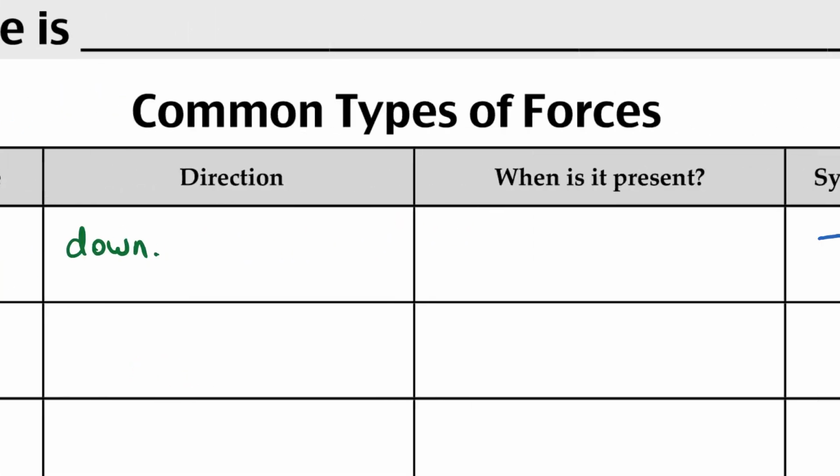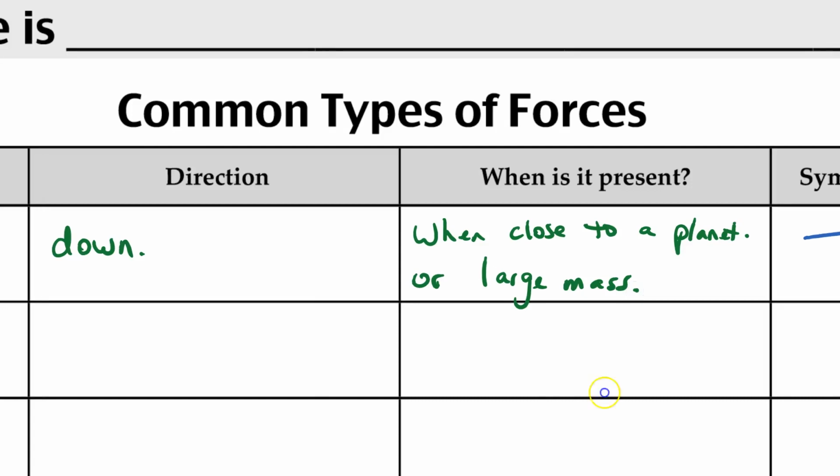When is it present? So gravity is going to be present when close to a planet. Or really you could say when you're close to another large mass. That's when we're going to notice gravity.